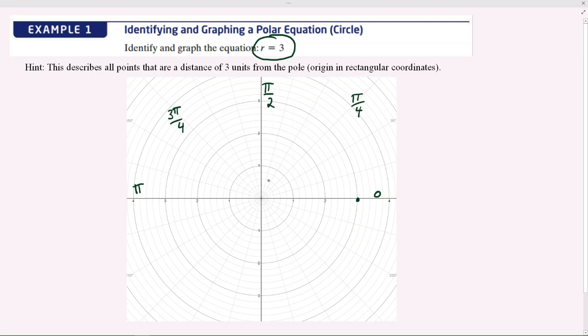So the radius from the pole is 3. So I get a key point here, and then I can see 3 units out here. And as I stay 3 units away, I'm basically creating a circle with a radius of 3. And as you start to fill these in, you can see that just sweeps around here and creates this circle.